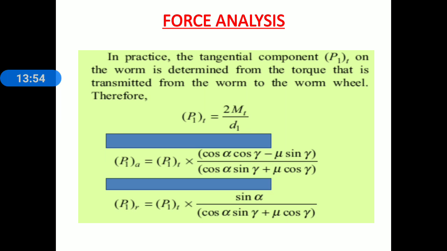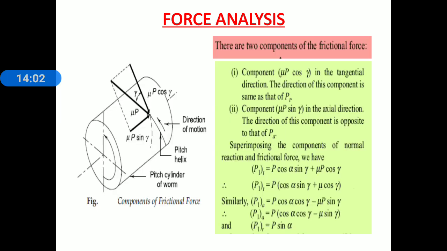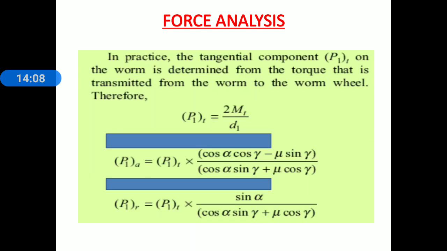Now P1A divided by P1T, and we know the relations for P1A and P1T, which were already discussed in this slide. P1A divided by P1T is equal to P into cos alpha cos gamma minus mu sin gamma, whole divided by P into cos alpha sin gamma plus mu cos gamma.